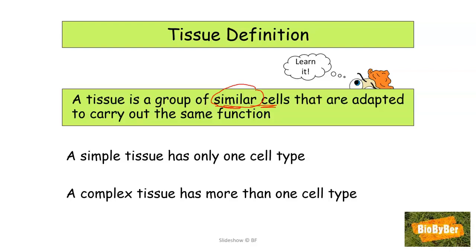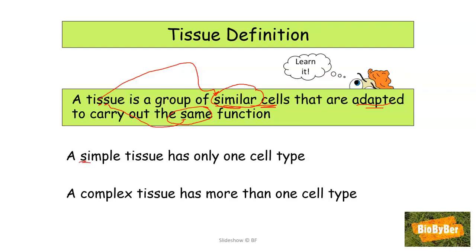We must also understand that these similar cells are adapted or suited to carrying out the same function. So a tissue, S and S here, is a group of similar S cells that are adapted for carrying out the same, or S again, the same function.